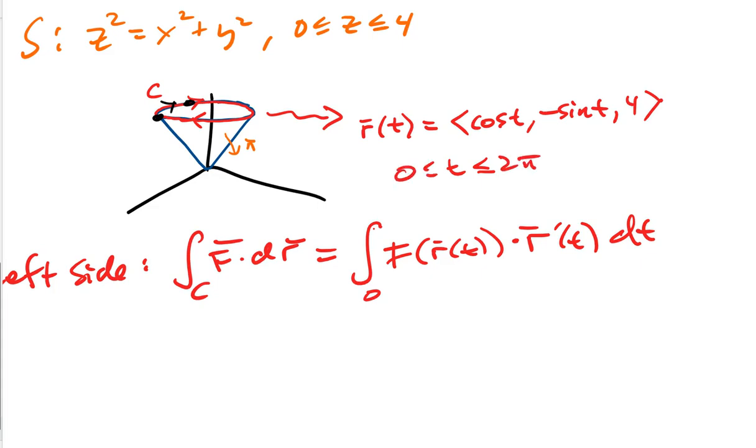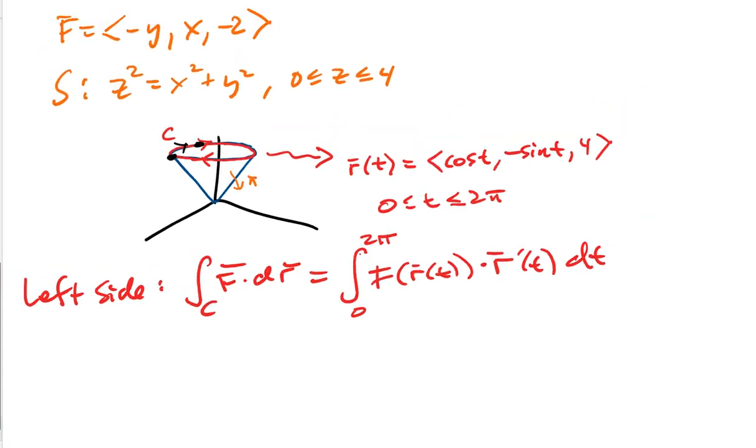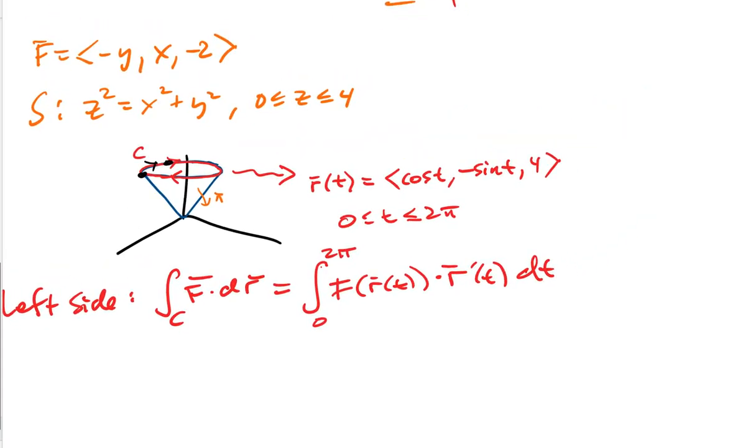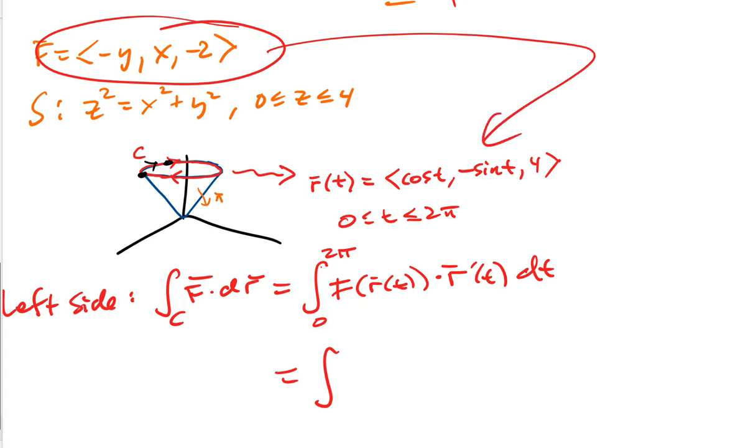All right, so 0 to 2 pi. My function is negative y, x, and negative 2. So when I plug r of t into that, I get negative y would be sine of t, x would be cosine t, and z is just negative 2 regardless.